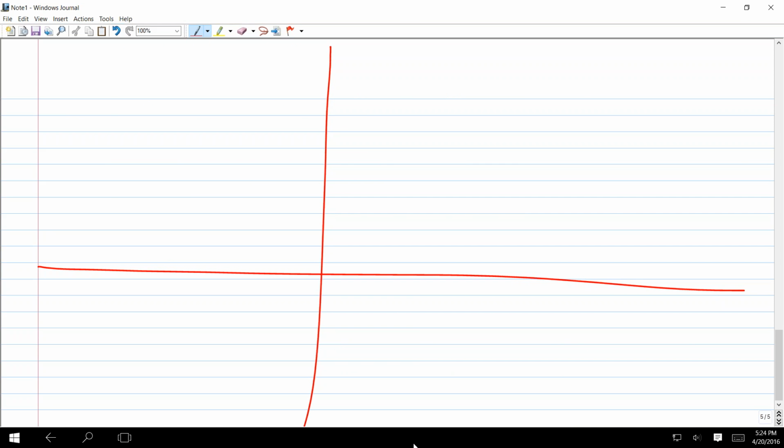And I know that secant is related to the cosine graph, and same with cosecant. All you have to remember is which one is the reciprocal.